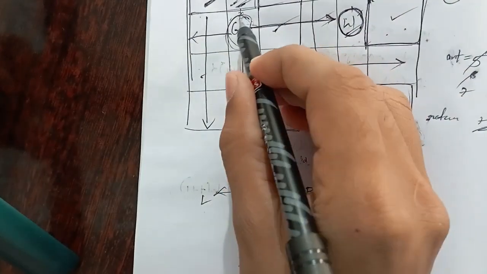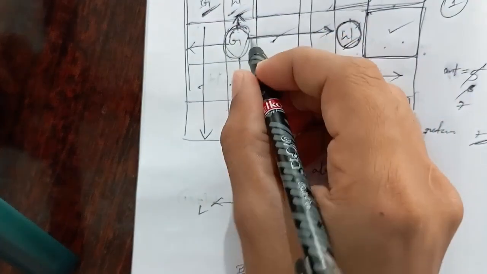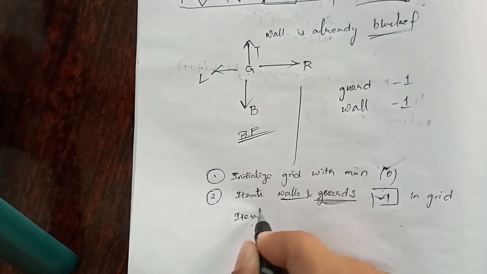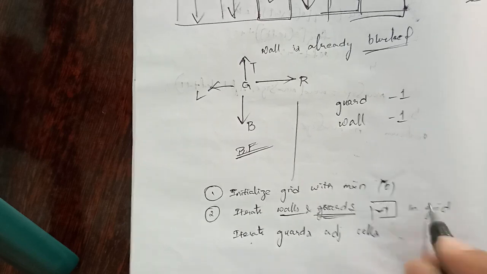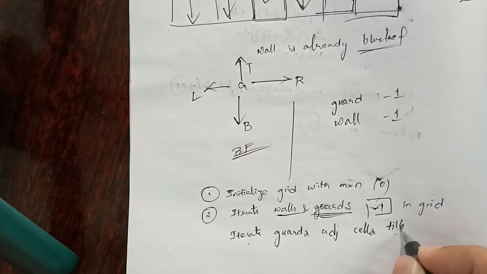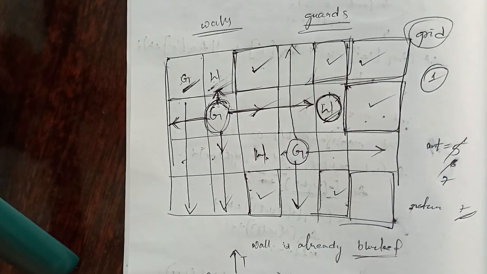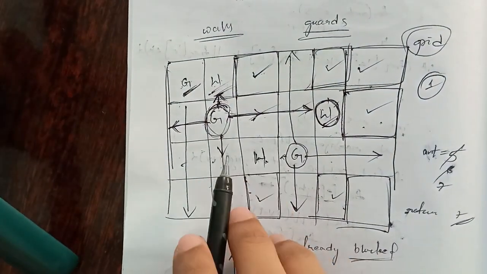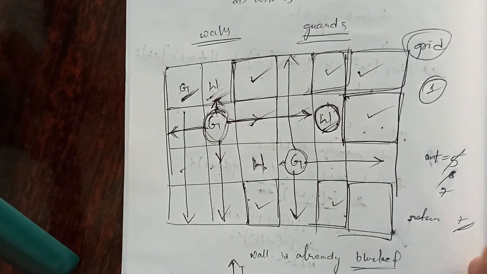So we need to iterate from each guard to the top, right, bottom and left. If you are going to the left or top, we need to make sure our iteration doesn't go less than 0. And if we are going right and bottom, we need to make sure it doesn't go out of bounds, that means more than m and more than n respectively.